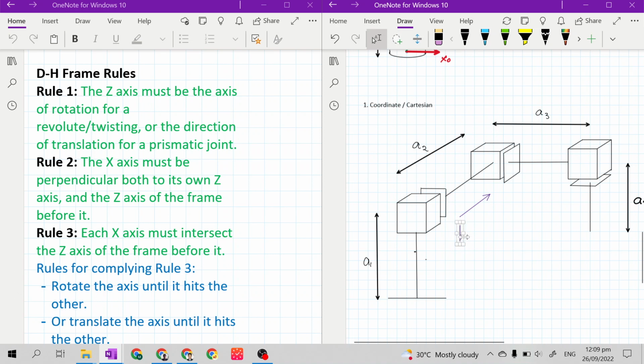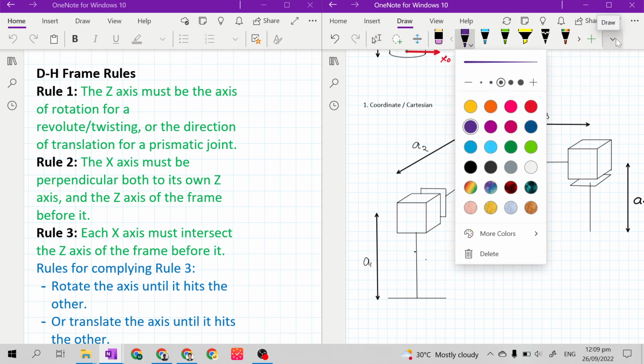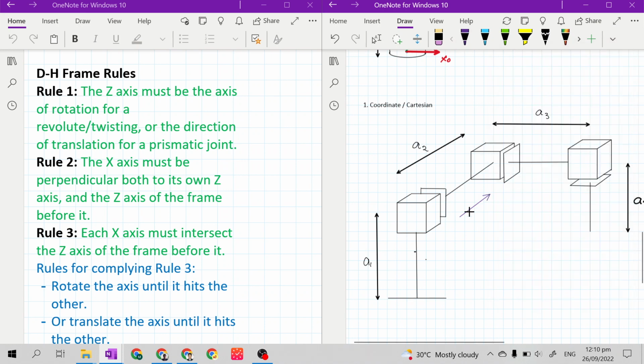Okay, so this is a backward direction. Okay, so this is the direction of translation for joint 1. So this will be our D sub 1.